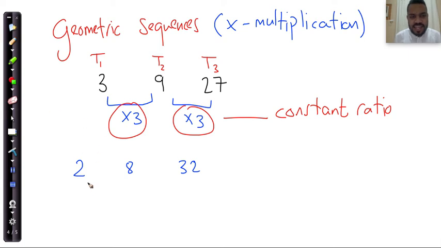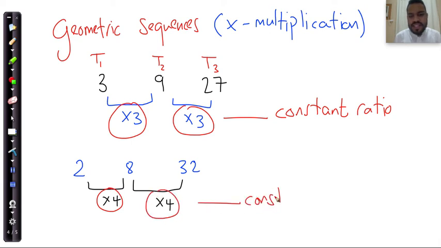And when I investigate it, I see, oh, 2 times 4 gives me 8, and 8 times 4 gives me 32. And so again, I find that I have this constant ratio over here. Now when I see that I have this constant ratio, immediately I know once again the sequence is what we call geometric. 2 times 4, 8 times 4, I'm multiplying by the same thing each time.